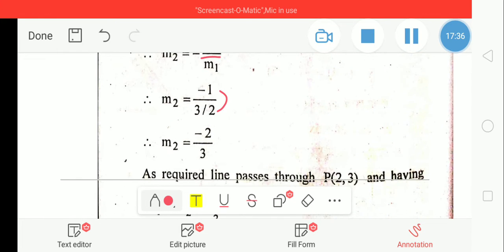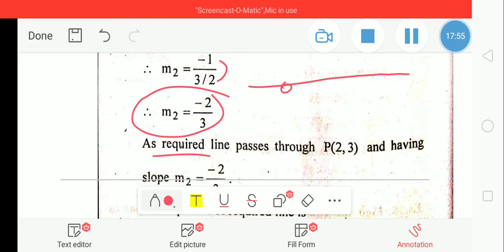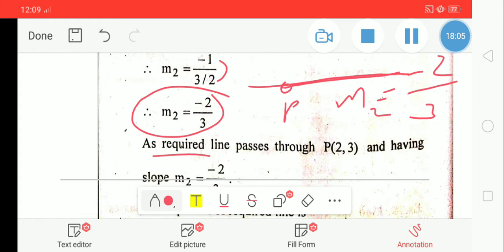So we write it upside down: 1 divided by 3 by 2, that is minus 2 by 3. This is the required slope of the line, minus 2 by 3. The required line passes through one point, that is P, and we know its slope, that is m2, minus 2 by 3.